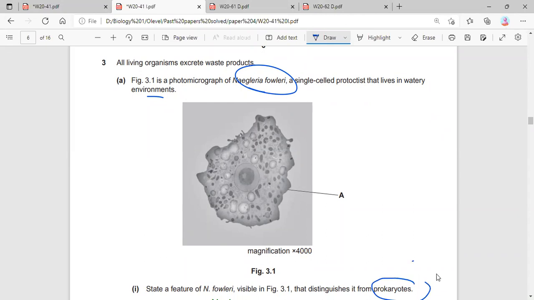The bacteria has no nucleus, while I can clearly see that there is a nucleus here. I can also say that it has no cell wall, while the bacteria has a cell wall. I can say that it has mitochondria. These are mitochondria, while there are no mitochondria in the bacteria.